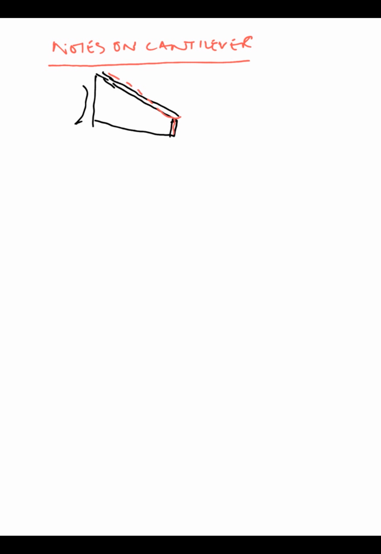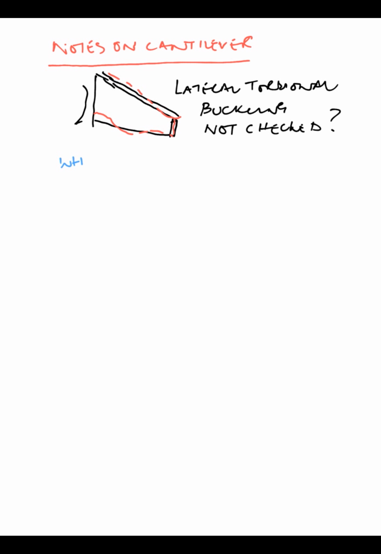Just a footnote for some of you that might be wondering whether, on the cantilever, we need to consider lateral torsional buckling, because there's no particular restraint to the compression zone in the tapered beam.